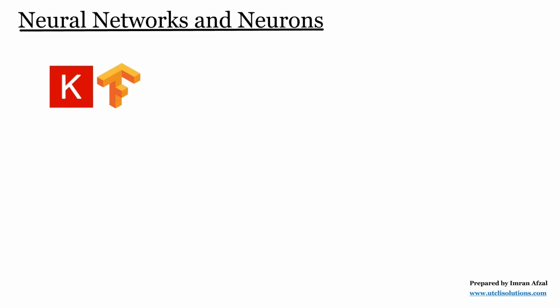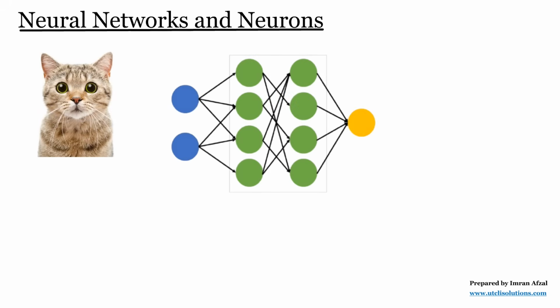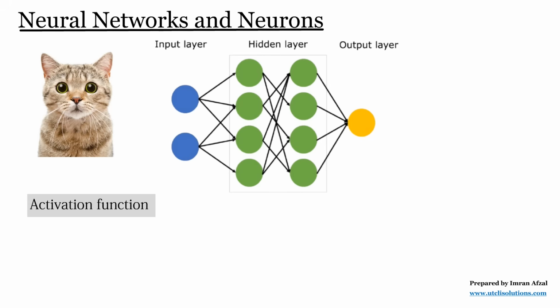When you use TensorFlow with Keras, the process of creating a neural network becomes smooth and structured. First, you define your input data. Then you add layers: input, hidden, and output. You choose how many neurons each layer should have. You also select an activation function, which is a small rule each neuron follows to make its decision.